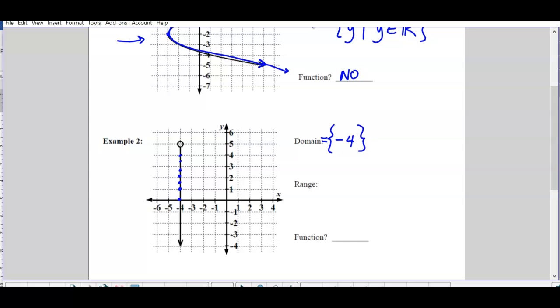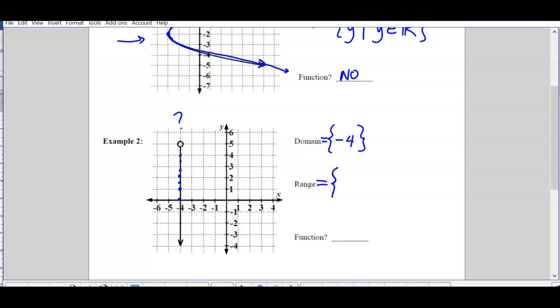So for my range, I look at my y values. This arrow is going down, so it's going to go to -infinity. But up here, I don't have any y values above. The first possible value looks kind of like 5, except it's an open circle. So that means it's everything less than 5.